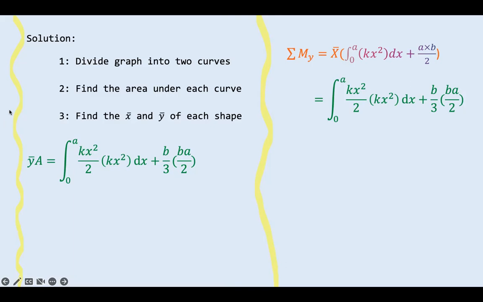And this is simply a simplification of this equation over here. And sorry, this is supposed to be the sum of the moments about x, and this is supposed to be capital Y.